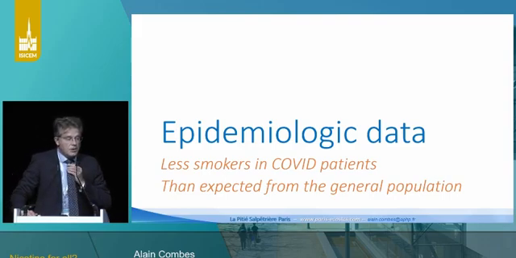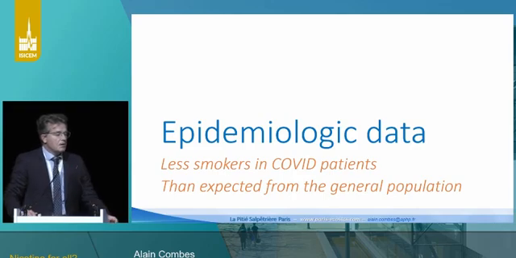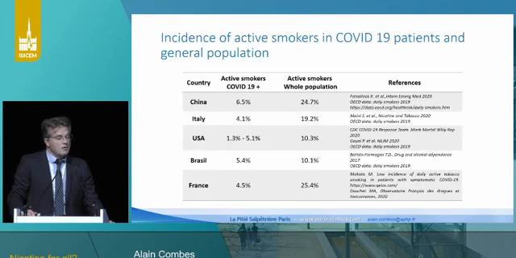into the literature. And the first epidemiologic data was striking because there were fewer smokers in COVID patients than expected from the general population. Here you have data from China, Italy, the US, Brazil, France. The rate of active smokers being from 10 up to 25% as an example in France and China.